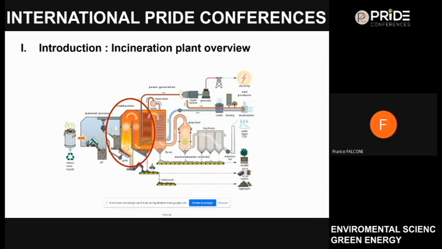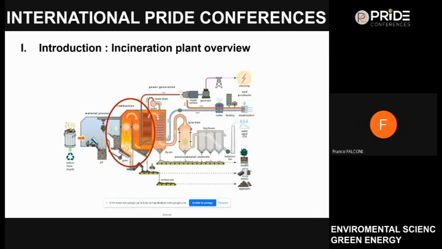So this waste is then burned, and the energy of the smoke that comes from this combustion is then given to a water exchanger that will produce steam, and this steam will go through a turbine engine in order to create electricity.